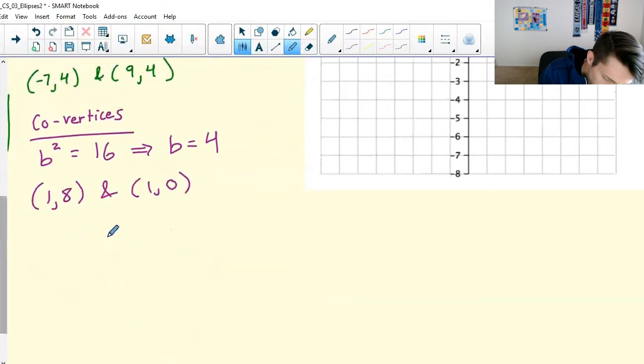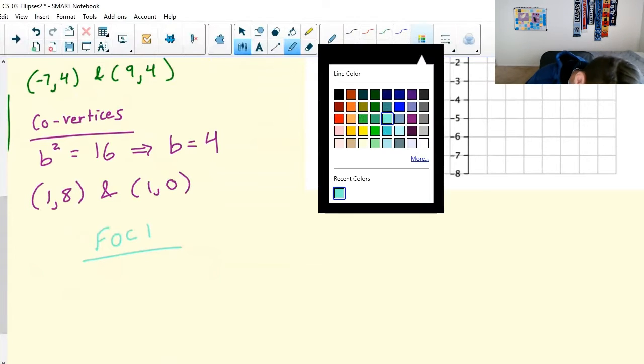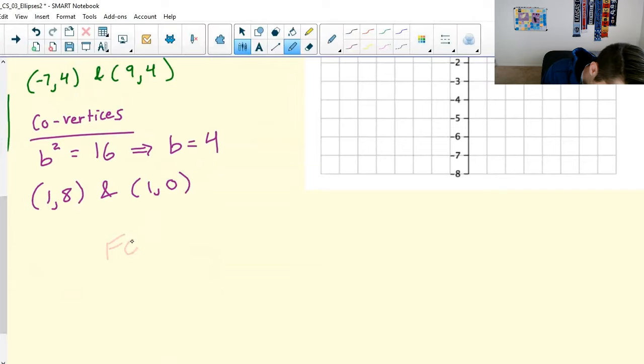All right, and the last part, let's find the foci. Use the pink pen, like this one. Green is not cute. Wow.